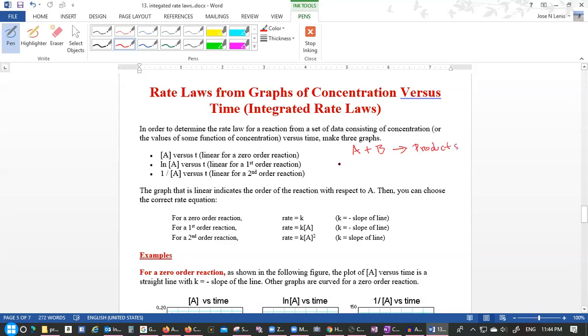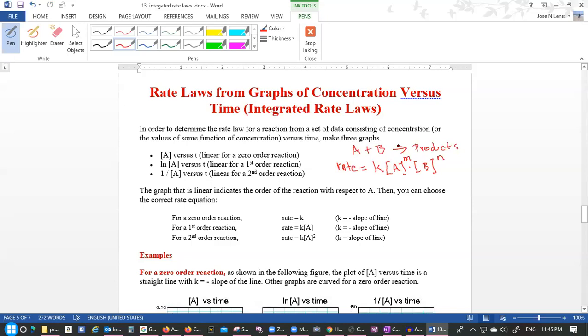And we know how to write the rate law for that reaction: rate equals rate constant times concentration of A times concentration of B, A elevated to the exponent m, B elevated to the exponent n. m and n represent the order of the reaction, m with respect to the concentration of A, and n with respect to the concentration of B. m plus n gives the overall order of the reaction.